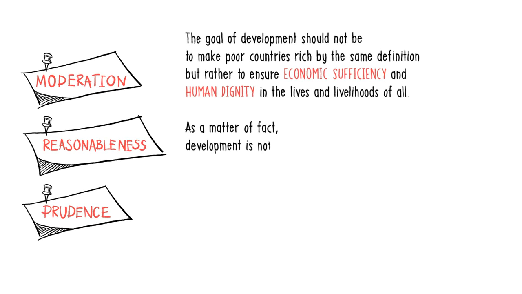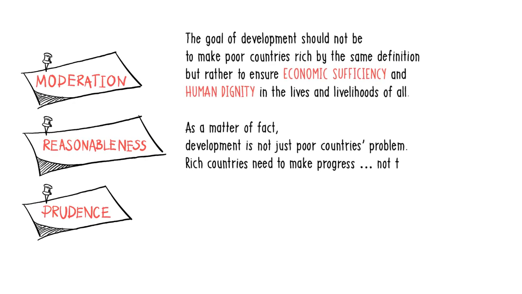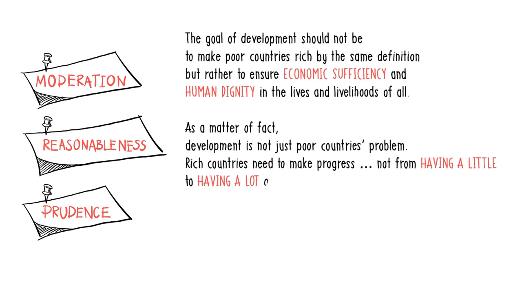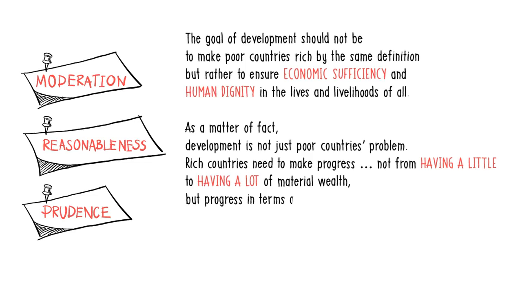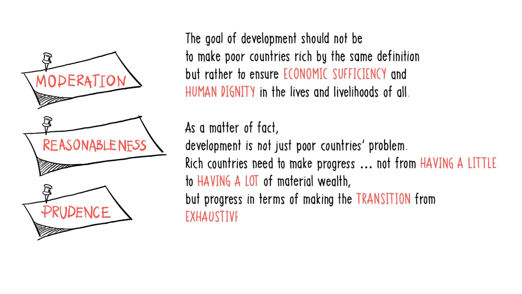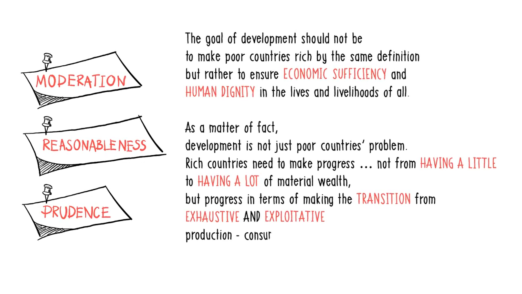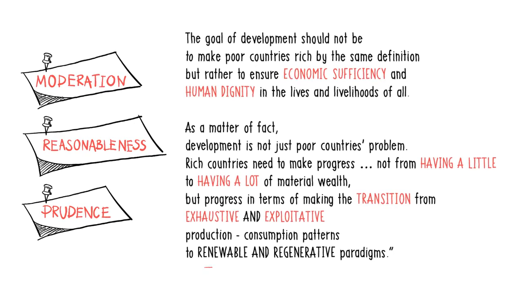As a matter of fact, development is not just poor countries' problem. Rich countries need to make progress, not from having a little to having a lot of material wealth, but progress in terms of making the transition from exhaustive and exploitative production-consumption patterns to renewable and regenerative paradigms.